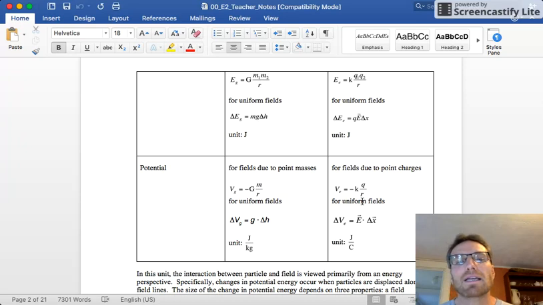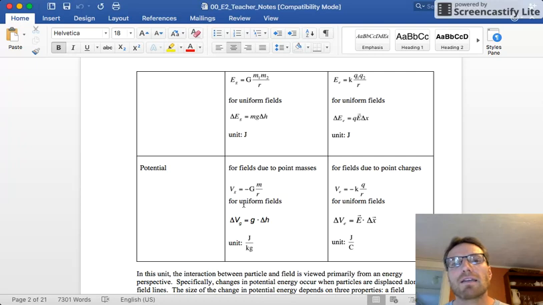corresponding electric potential equation. Because if I have a positive central charge, so this Q would be positive, and I was close to that central charge, R would be small, and that would give me a large negative number for potential.